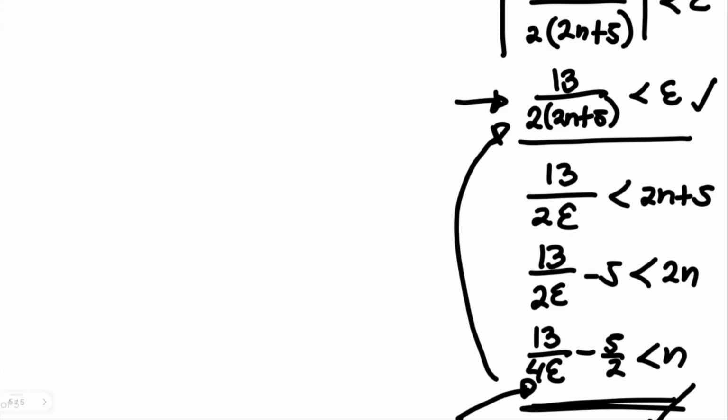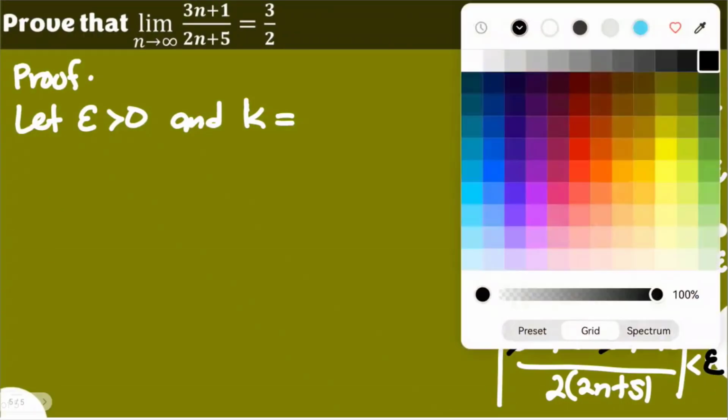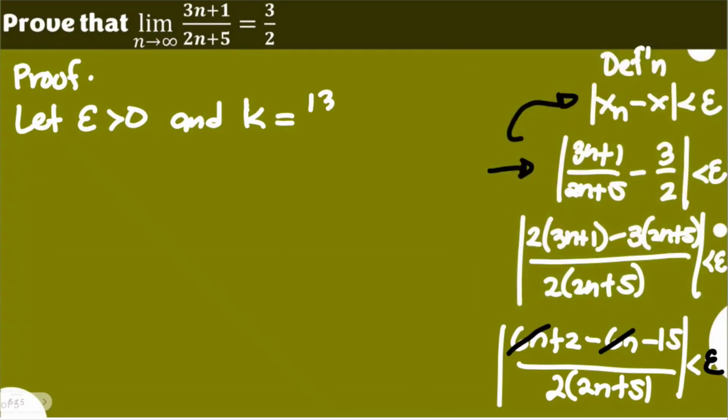So let's go back here. You will have 13 over 4 epsilon minus 5 halves. Now let that be an element of the real numbers. But in our definition, our k should be a natural number, and we cannot guarantee that k here is a natural number.